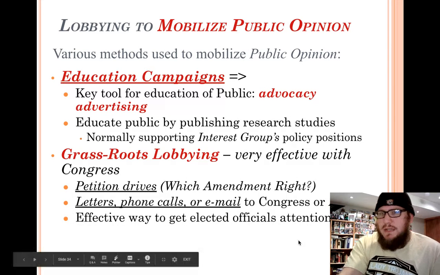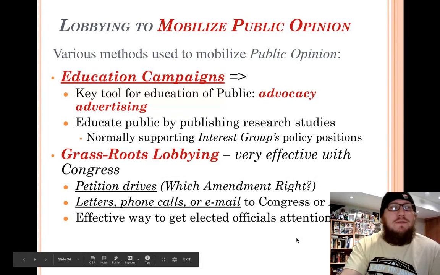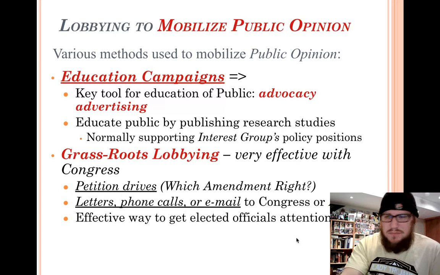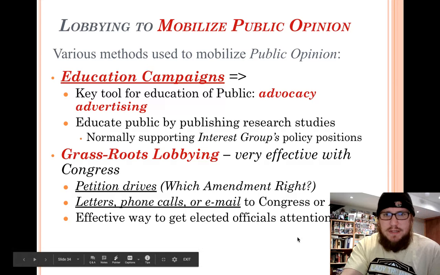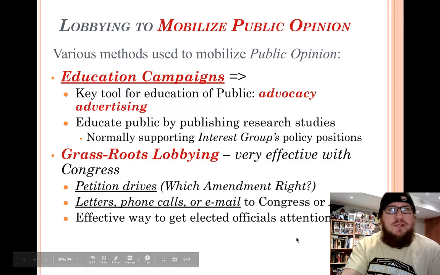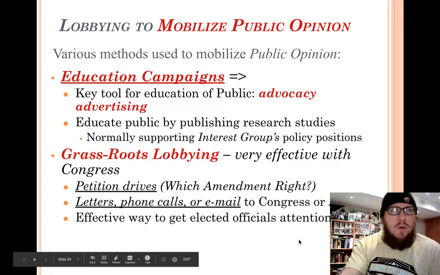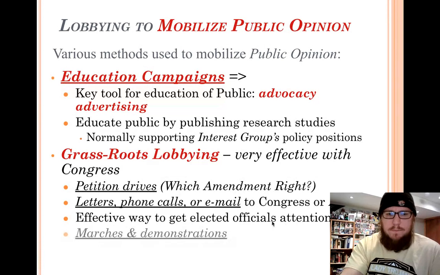This is a good way to get the attention, because if there's one thing that members of Congress fear, it's their constituents. It's the people who they represent, that when you reach out to them, they're going to feel more compelled to act, especially if they're getting a large number of items shared with them.